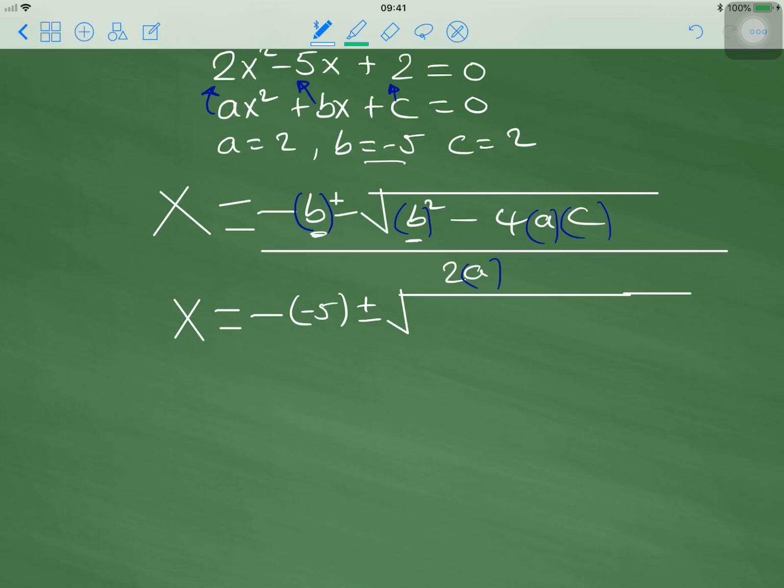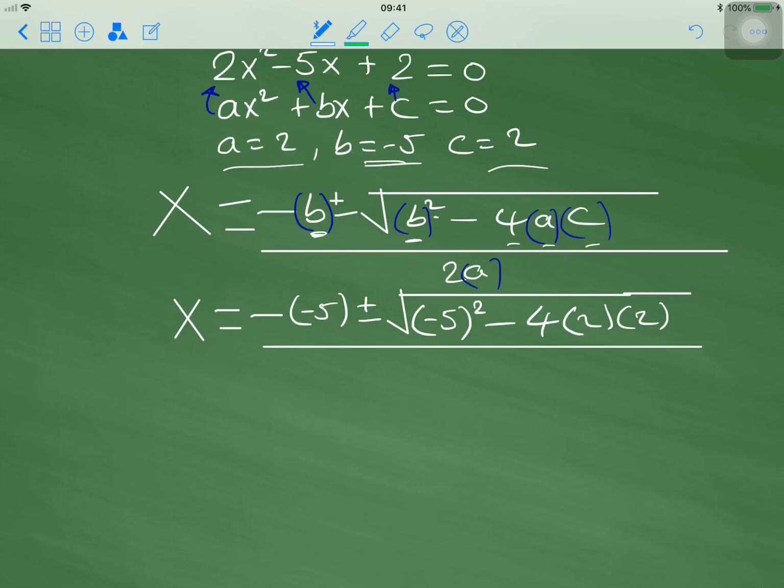The next thing to do is to write b squared, with b in the bracket, b is minus 5, we have minus 5 squared, minus 4, a is 2, so minus 4ac, and c is 2 as well, divided by 2a, divided by 2, a is 2, so we write 2.